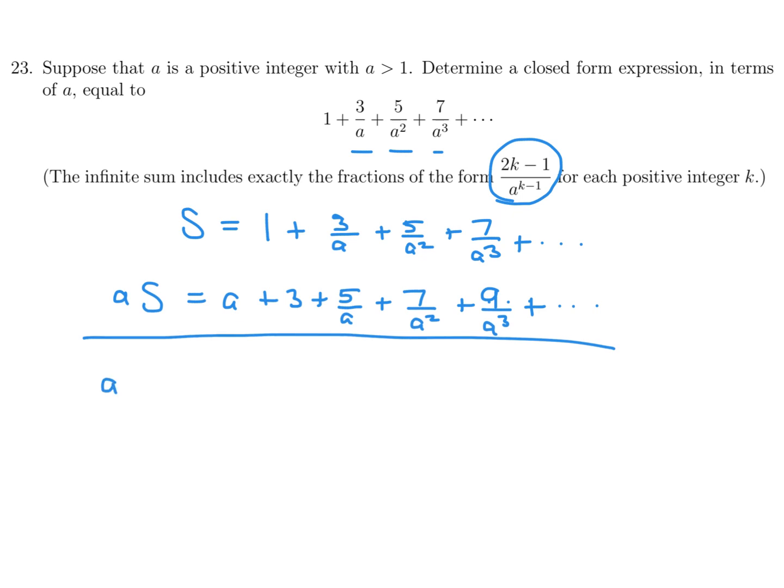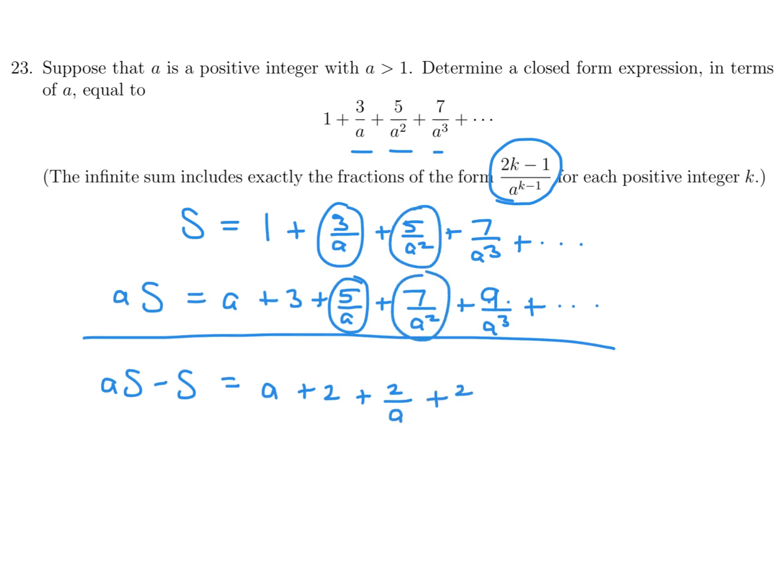So this side will be aS minus S. And if you subtract, you'll notice it'll be a, and then 3 minus 1 is 2. And then these terms have the same common denominator, so it would be 2 over a, 2 over a to the power of 2, and so on, 2 over a to the power of 3, and it would go on like that.